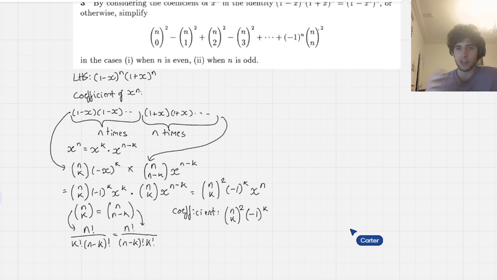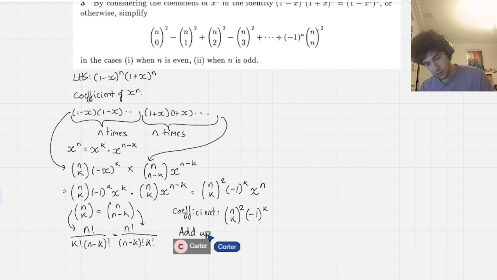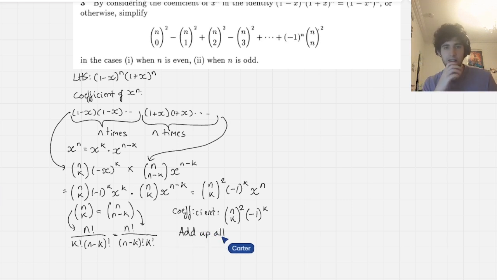But there are multiple different k I could choose to get x to the n, right? I could choose k equals 0. I could use k equals 1, all the way up to really k equals n. So there are n choices for my k. So if I sum over all those possible choices, what I'm going to want to do is add up all possibilities to get my complete coefficient of x to the n in that multiplication of two brackets.